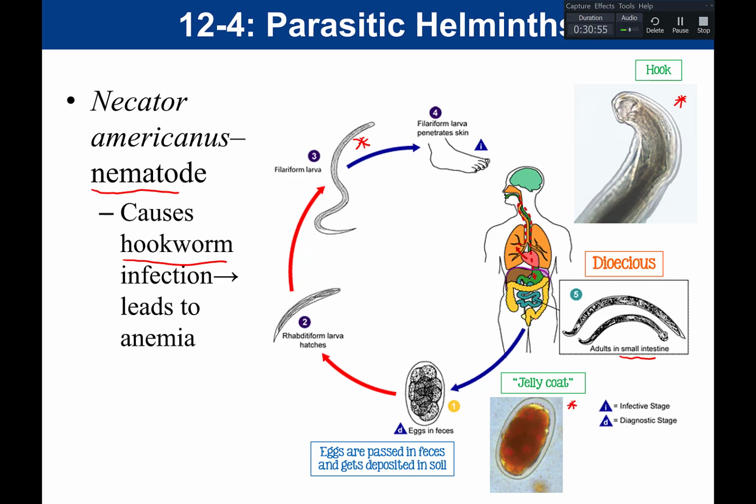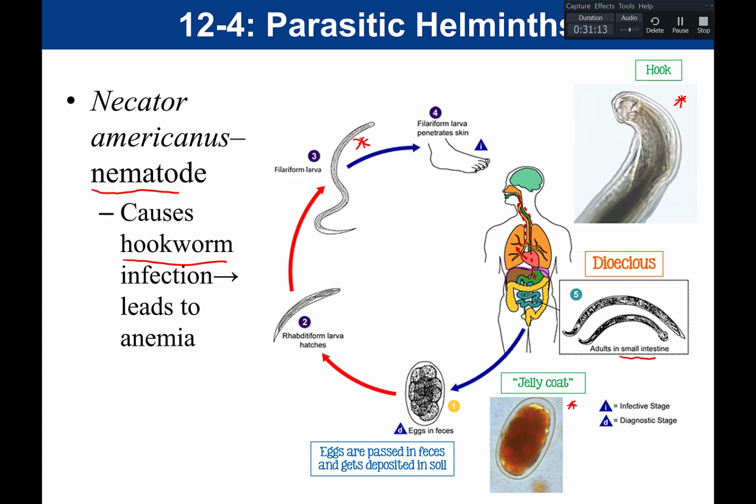Now, if an infected person defecates outside, so near bushes, in a garden or a field, or if the feces from an infected person is used as a fertilizer, then the eggs are deposited on that soil.